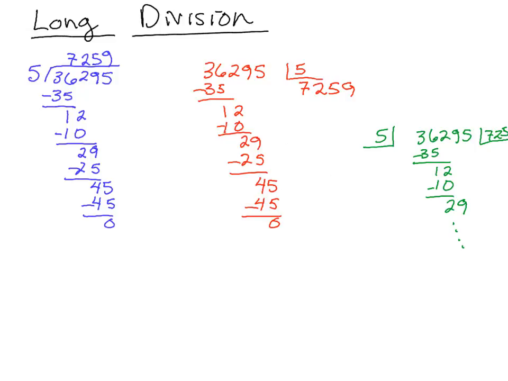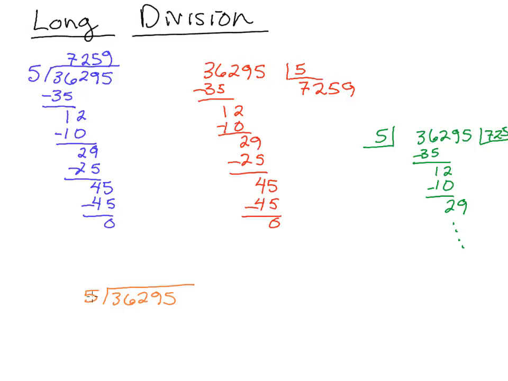And there was yet one more that I'd like to show you that was kind of nifty. It was set up just like the American way. 5 goes into 36,295, but it used an unusual way of doing it.